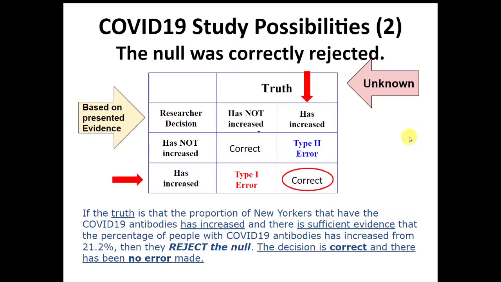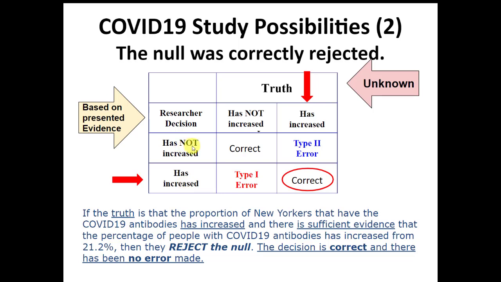The other possibility is that the truth is that the proportion of New Yorkers that have the COVID-19 antibodies has actually increased. And the study shows that there is sufficient evidence that the percentage of people with COVID-19 antibodies has increased from 21.2%.